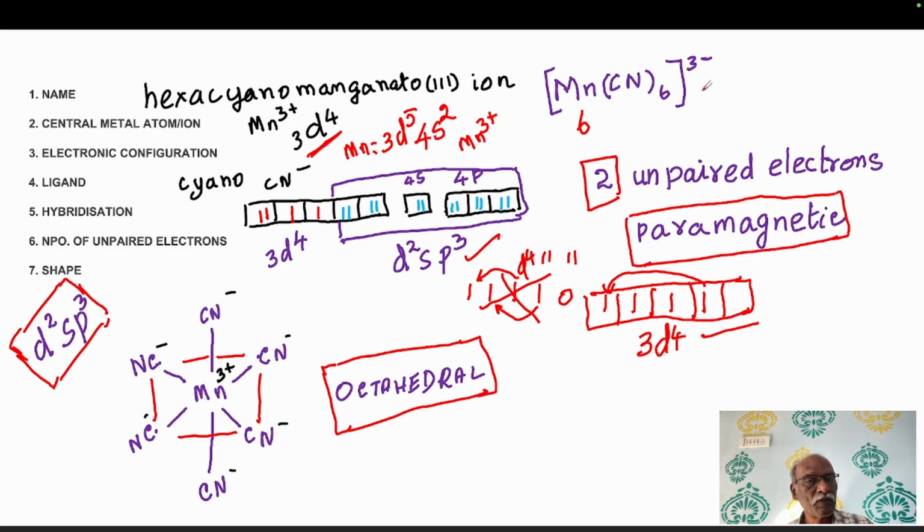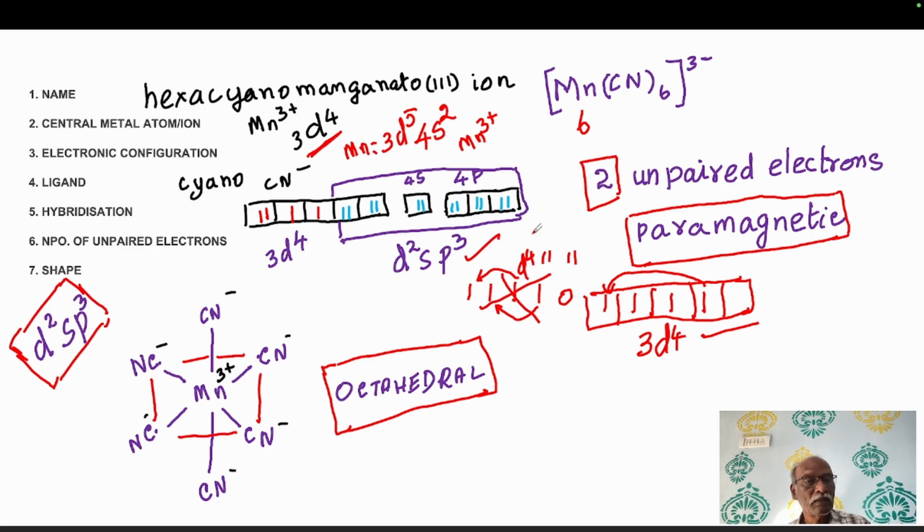Here the question, many times they ask, why is the Mn(CN)6 minus complex paramagnetic even though cyano is a strong field ligand? The reason is this: in d4, instead of complete pairing up, only partial pairing up takes place and two unpaired electrons are left out, because the cyano group wants only two vacant orbitals for hybridization.